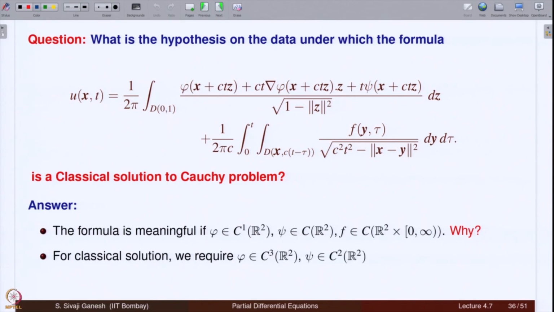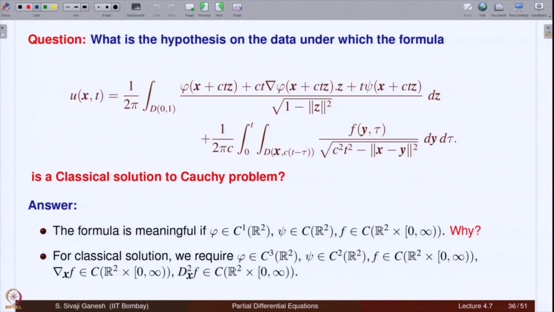Phi should be C3, psi should be C2, and f should be continuous, and also the gradient should be continuous with respect to x, and the second derivative should also be continuous with respect to f. The reason is exactly the same as we gave for d equal to 1. According to the Duhamel principle, this f, the source term, will go to the initial velocity, and for the initial velocity we need C2-ness, that is why this condition.